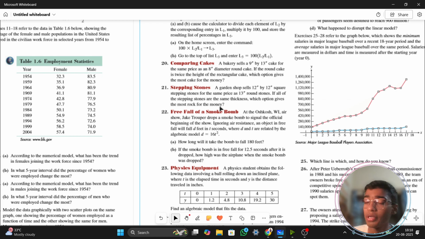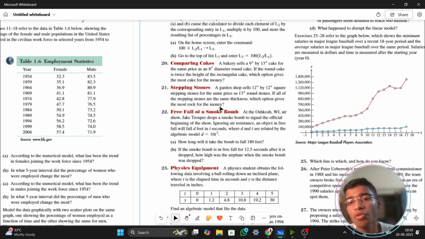This we had already studied in the previous lecture. We will take out the area for the square, that is 12 inches into 12 inches, which gives you 144 inches squared. And for 13, because it is a circular round stone, it has to be pi r squared.